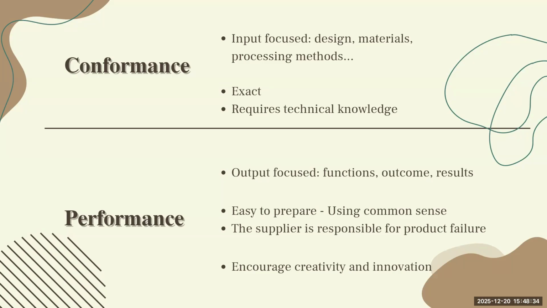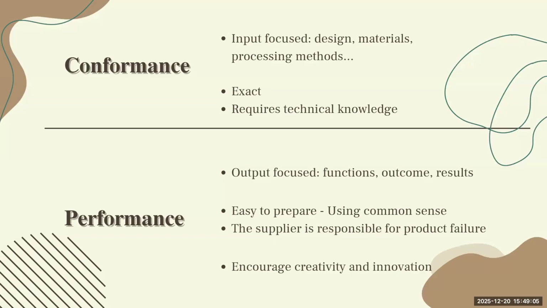Anyway, then with the specification, we can have a lesson here. As you know, we have two types of spec, the conformance and the performance, and each type may have different implications on the market and on the buyer and the supplier. For conformance, it focuses on the input, like the design, material, the manufacturing method, and other description.